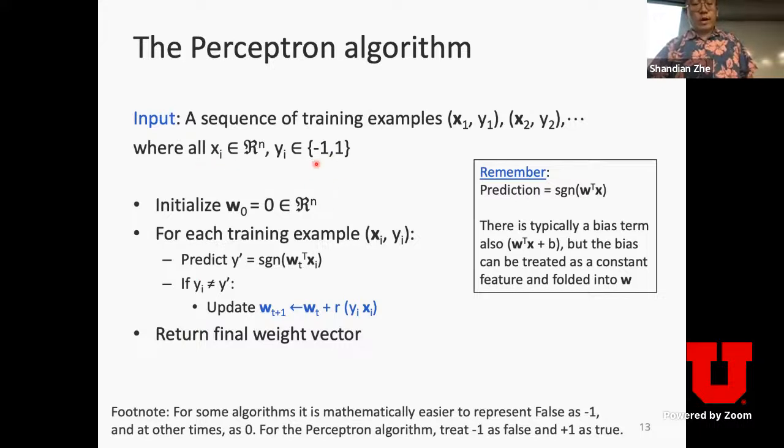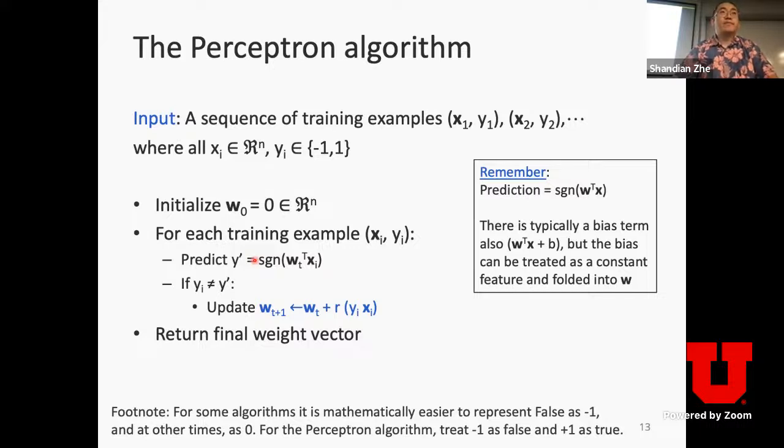And an additional note we want to mention is that your label is either -1 or 1. This is just for convenience. You can also choose another commonly used notation, where it's either 0 or 1, and then you just need to change this algorithm a little bit.